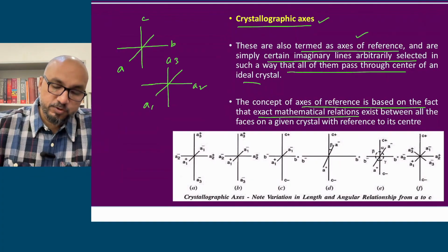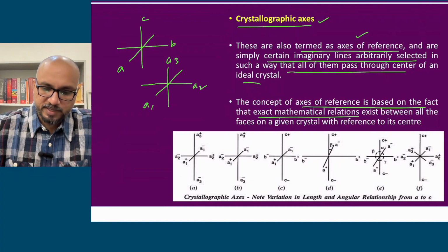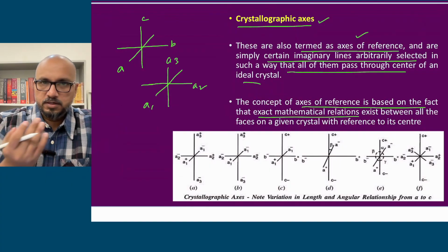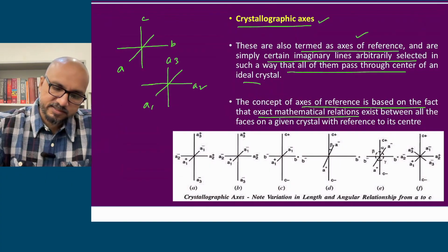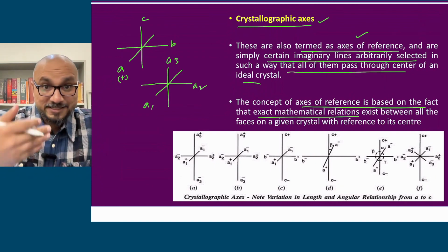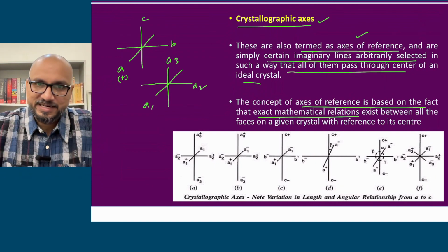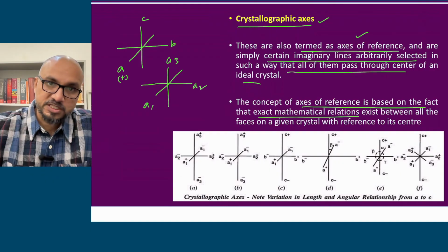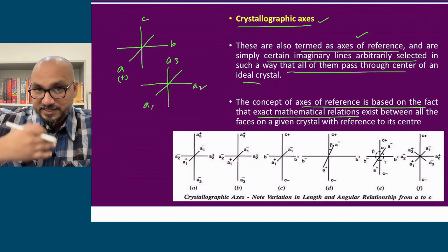And suppose your axis A is coming towards you, then it is given a positive sign. While labeling faces using Miller indices, these positive and negative signs help in labeling whether the face is on the front side or the back side.